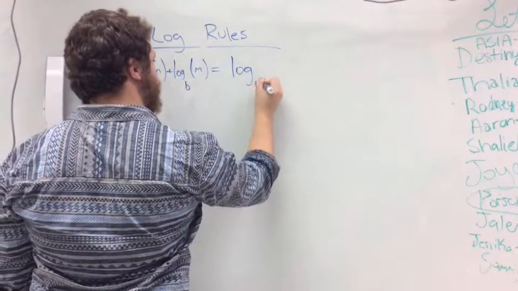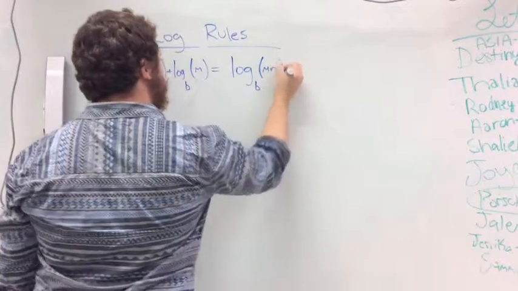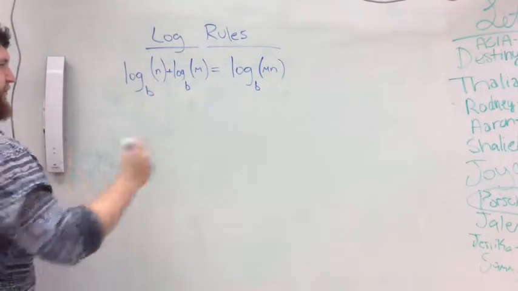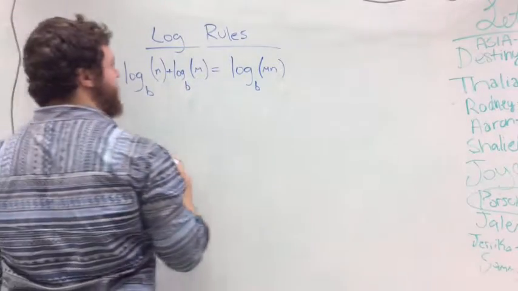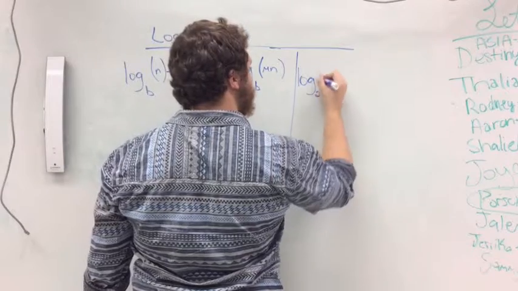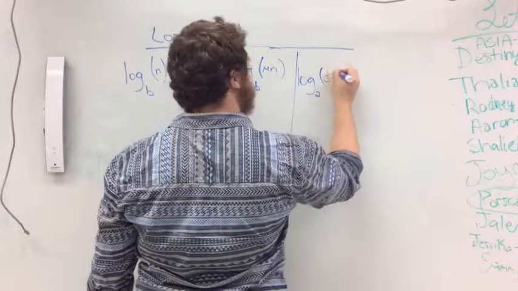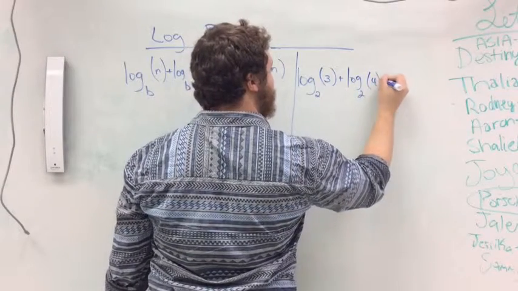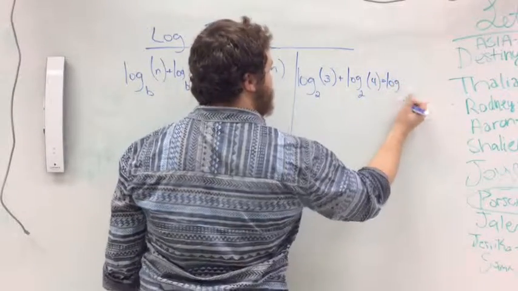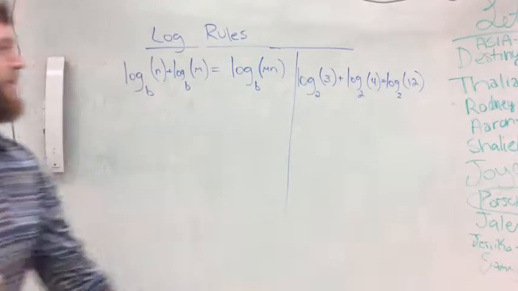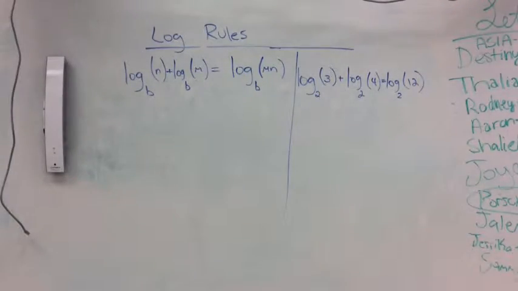Log base b of m times n. So it's just like the other one. When you add, you multiply. When you multiply, you add. Either way, you multiply. So if I have log base 2 of 3 plus log base 2 of 4, I get the log base 2 of 12. Can you see that 12 over there? Yes, you can.